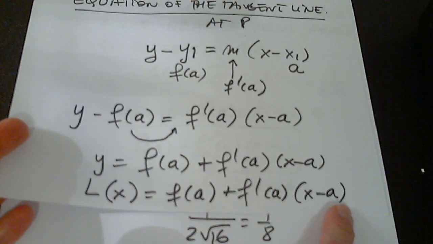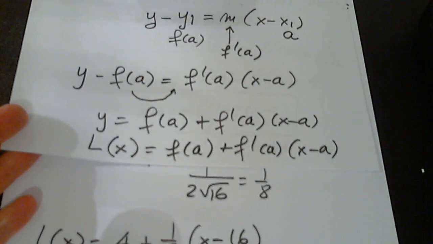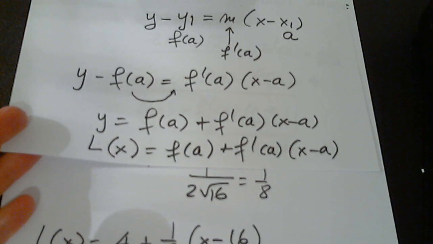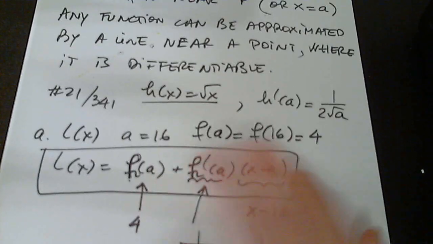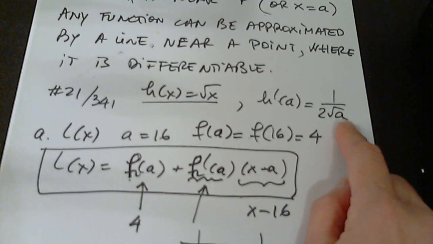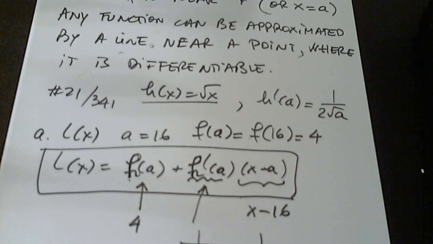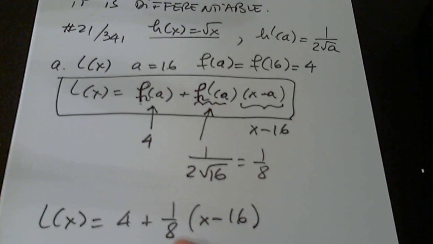With the 16 here I get 4. With 16 here I get x minus 16. And here I have to differentiate first, which is 1 over 2 the square root of a. The square root of 16 is 4. 4 times 2 is 8. So that's why I have h prime of a equal to 1 over 8.